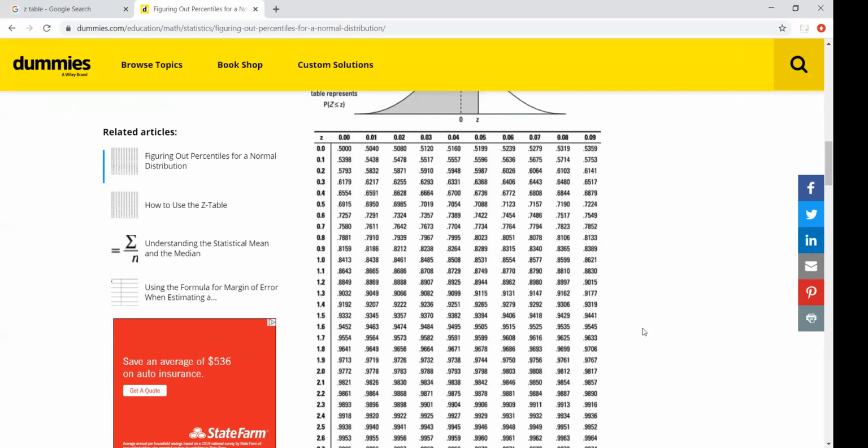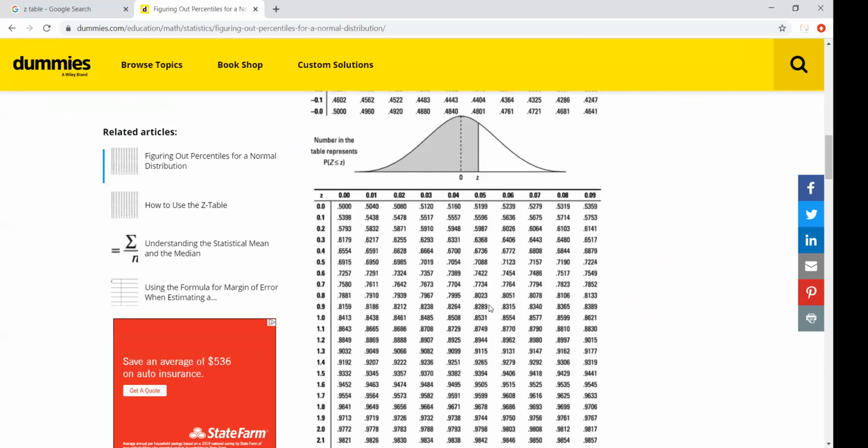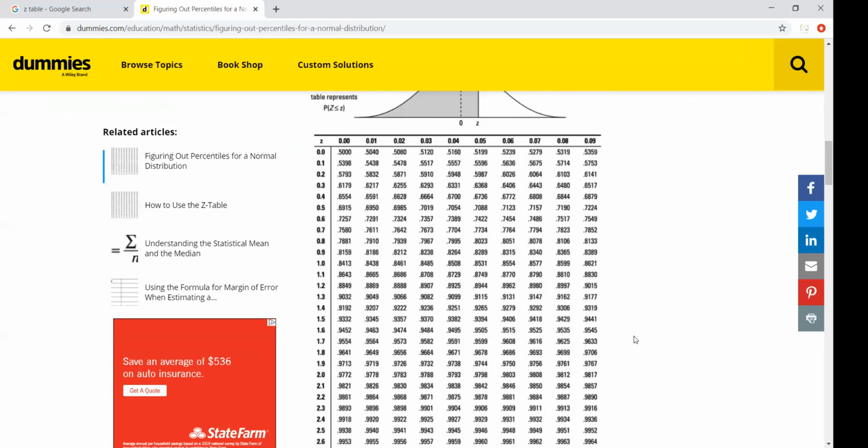What I'm going to do is remind you that the numbers in these tables represent different areas under the curve. What we were interested in was, I believe, 0.62. So first we look down. You'll notice that the horizontal row represents the hundredths, and the vertical column represents the tenths.